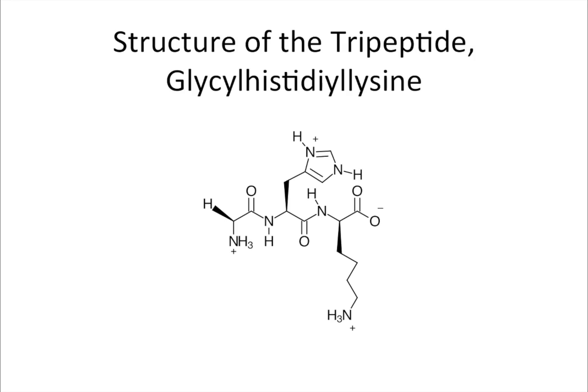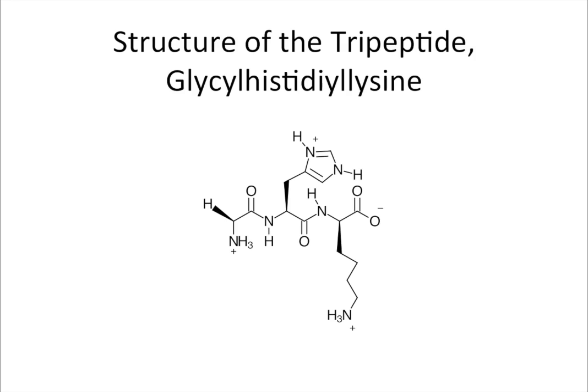So let's briefly talk about disulfide bonds. We mentioned before that we have cysteine, which is the actual amino acid, and then we have cystine, which is the cross-linking portion.